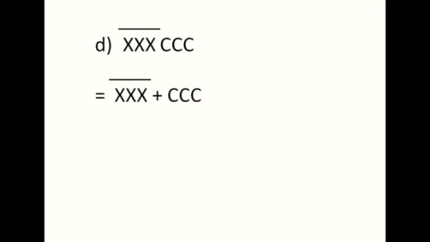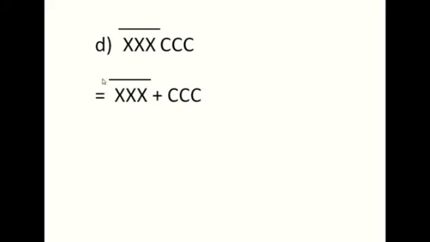I hope you also worked with me. Look at this sum. It is XXX with a bar on the top, then CCC. So let's make them separate first. You have to write XXX bar plus CCC. The bar represents 1000, you know that one.